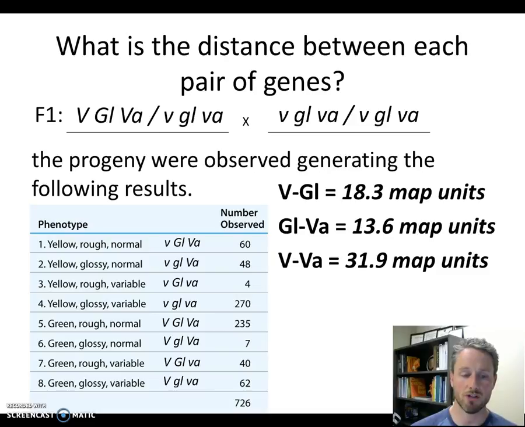Those are all the questions we're going to answer in these 3-point test cross analysis kinds of questions. Is there evidence that the genes are on the same chromosome? What parental allele combinations are there? Which gene is in the middle? And then how far apart are each of the gene pairs?